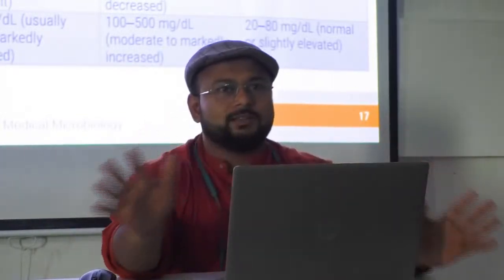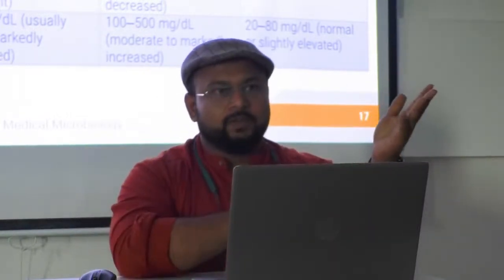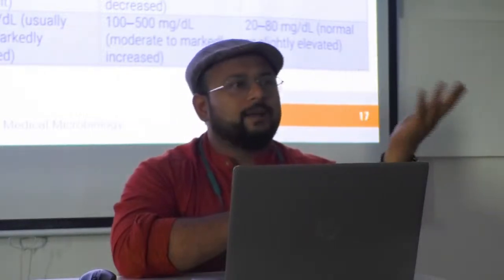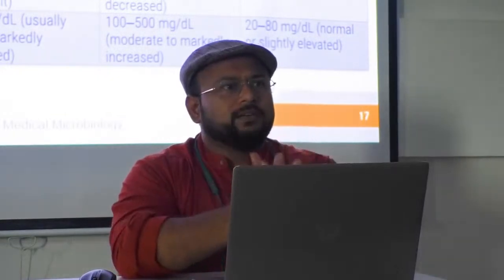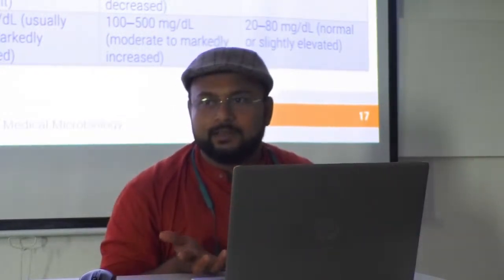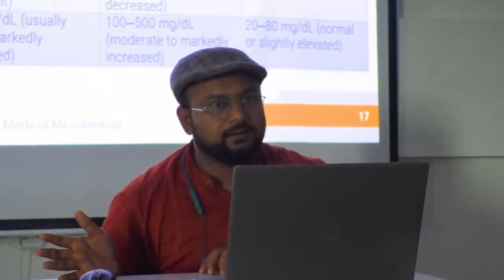Bacteria cannot survive without glucose. Normal glucose is supposed to be 70 to 100, if a diabetic patient it can be more, whatever. So bacteria always eat glucose, so glucose becomes less. In case of pyogenic meningitis, glucose becomes less, right?